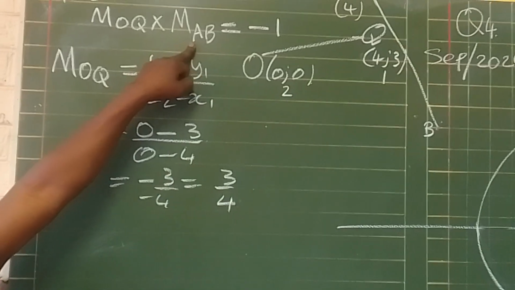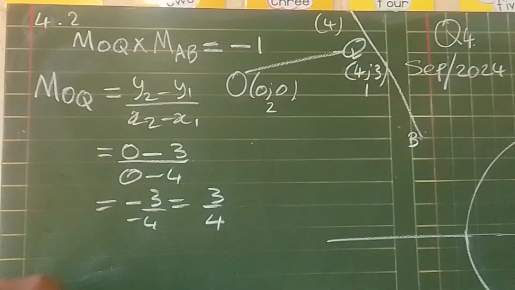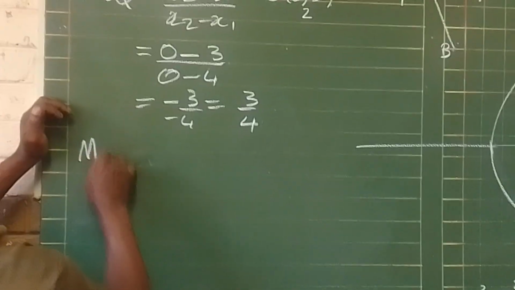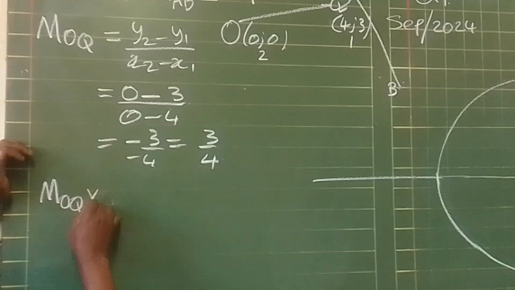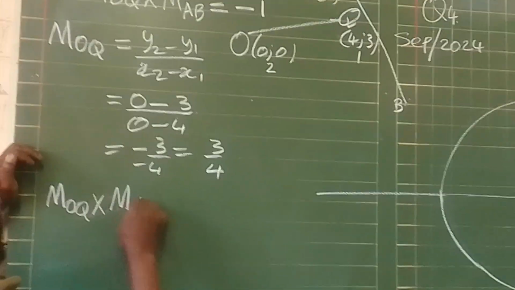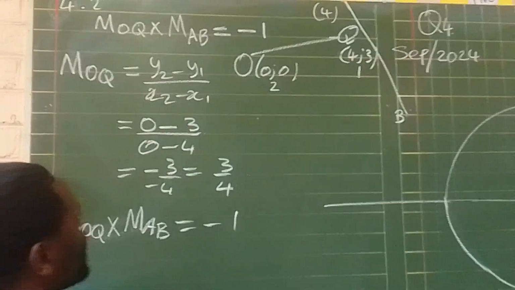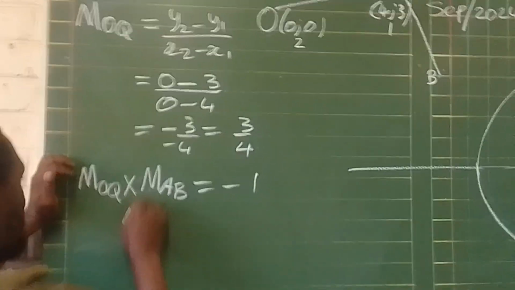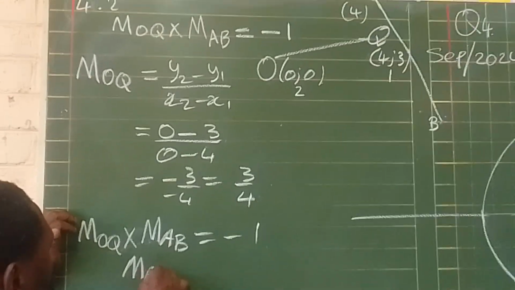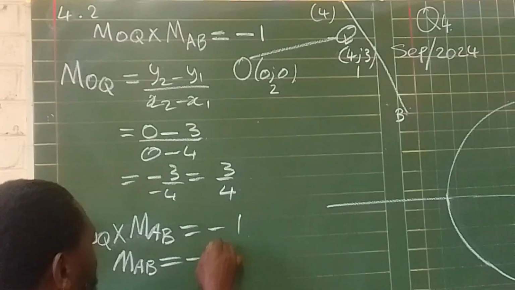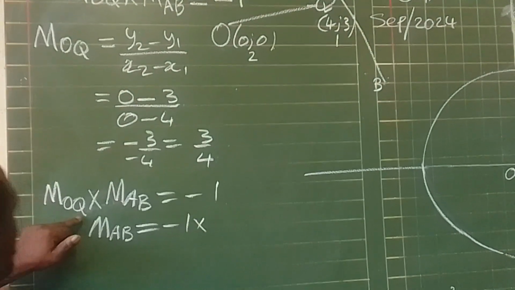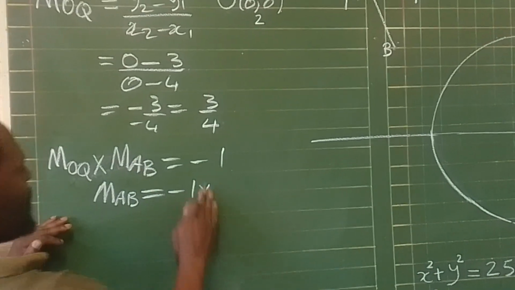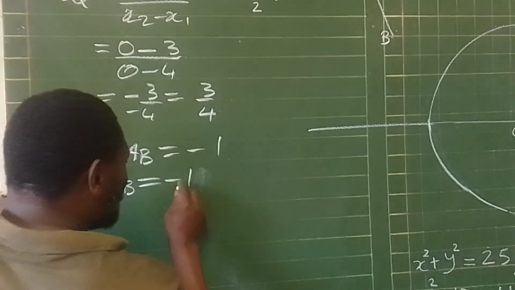We can find the gradient of AB. Therefore, m_OQ multiplied by m_AB is equal to minus 1. Now we want to find this one. So we can say m_AB is equal to minus 1 divided by m_OQ, because this was multiplication, when it moves to this side, you divide.